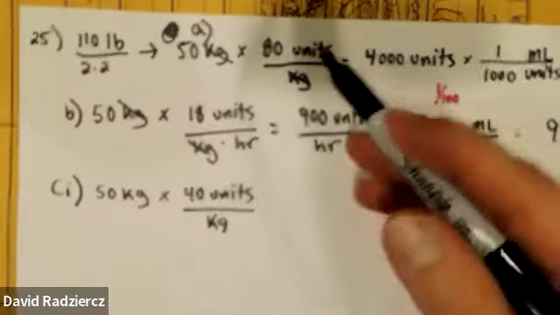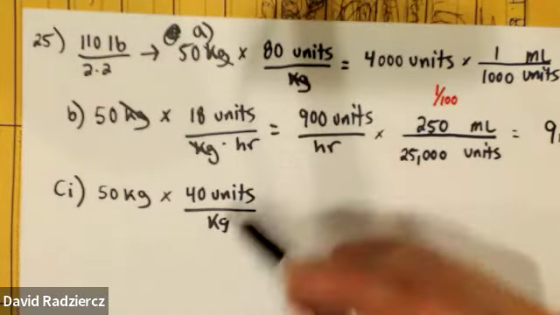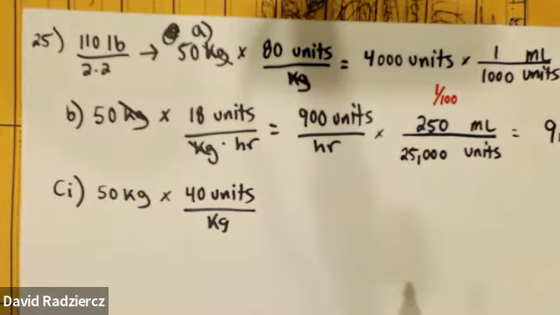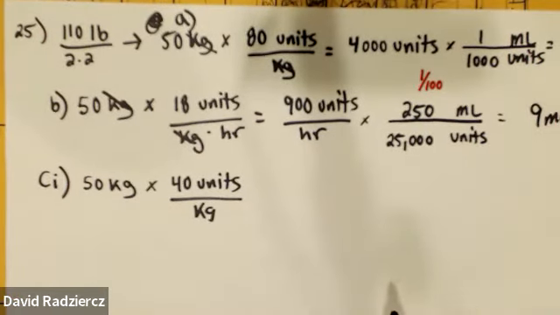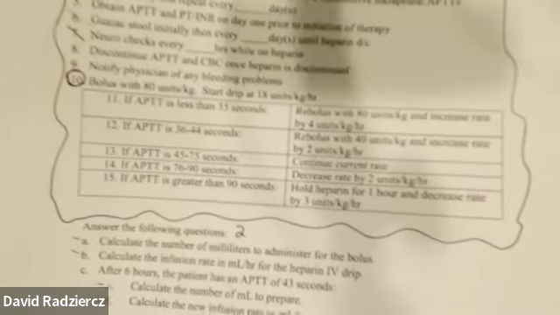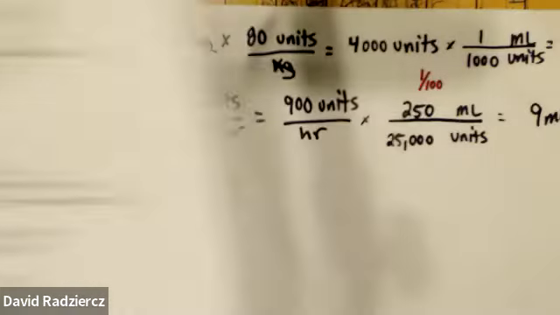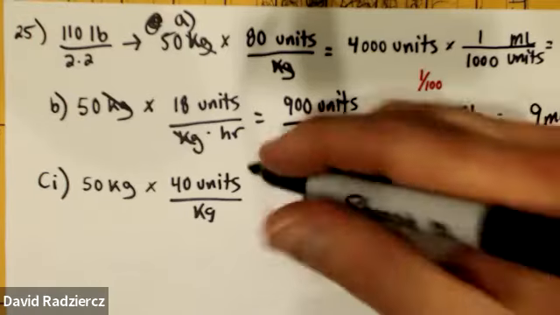Okay, so notice that I'm setting this up essentially the same way. It's just that now I'm using the new information, and the new information came from the protocol. So basically, they're just testing that you can read through this protocol that's not supposed to be confusing. But it is confusing until you've looked at it a couple times.